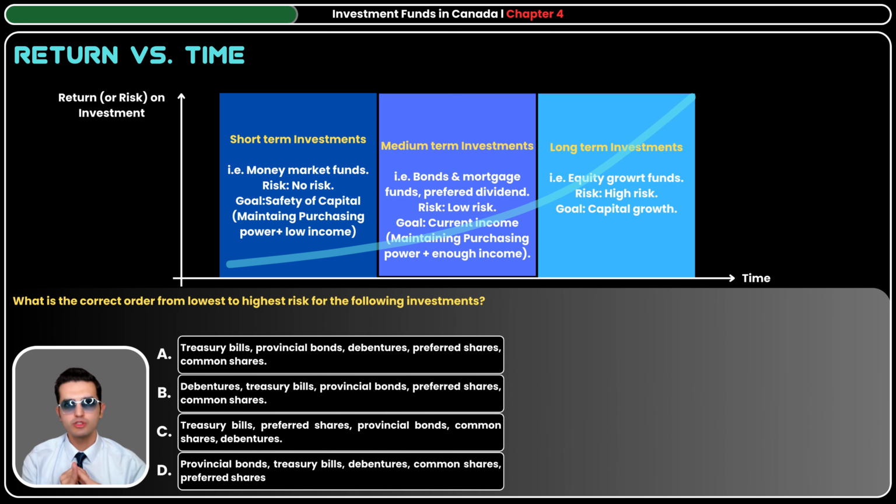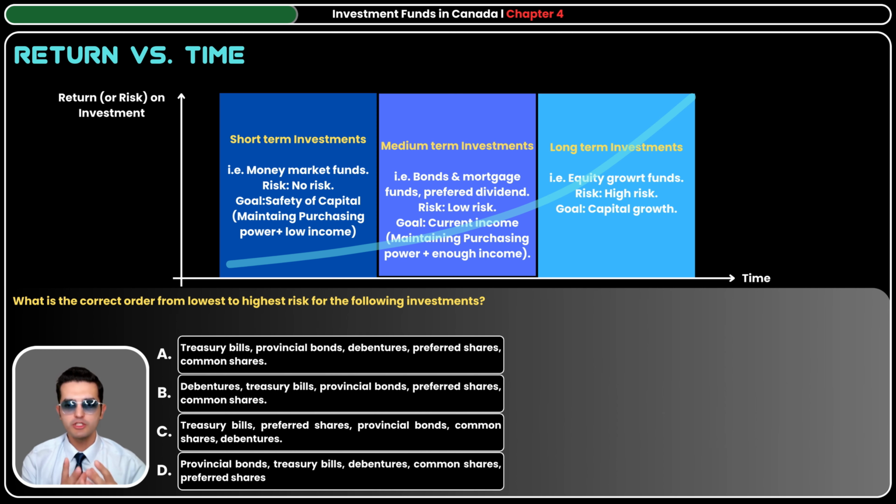We know that treasury bills is one type of money market instrument. We have talked about the money market, like different types of financial instruments or securities in chapter 2, remember? So treasury bills is part of that money market. So treasury bills will have the lowest risk and lowest return.